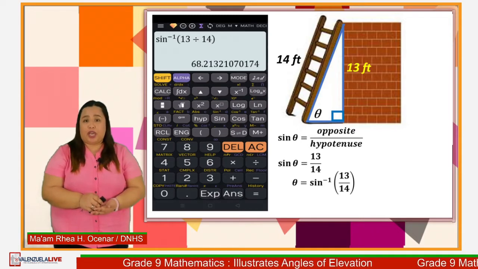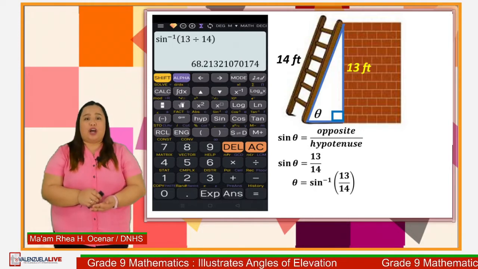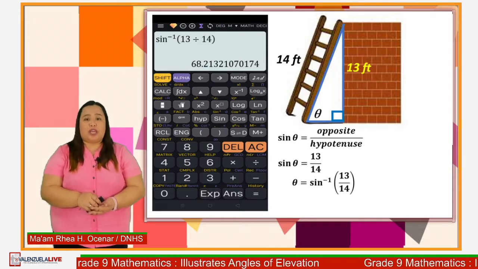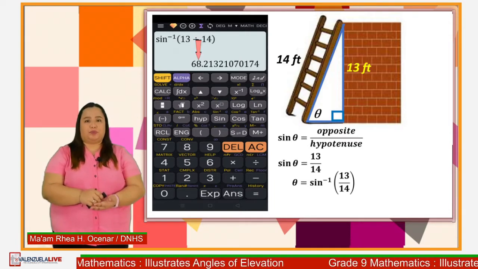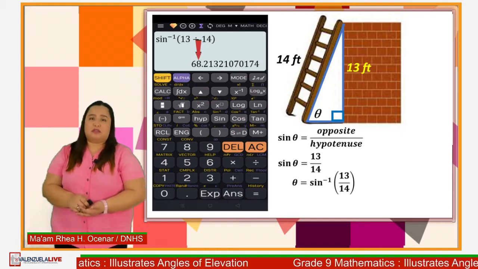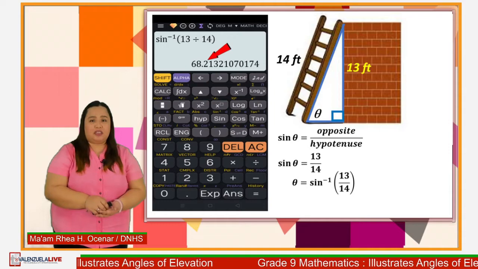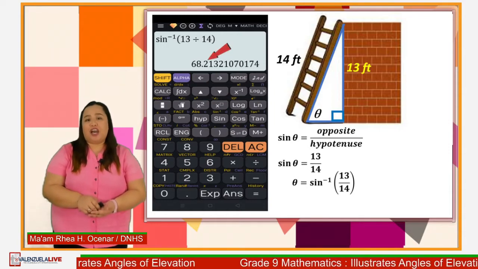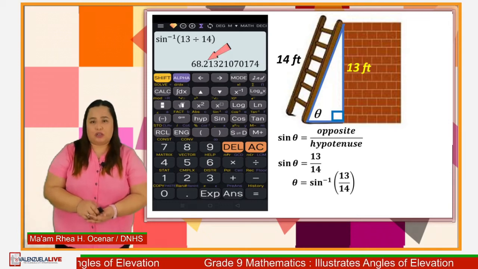Since we need to get the angle of elevation to the nearest degree, we will round off the value to the nearest whole number. And since 2 is the number after 8 and it is less than 5, therefore, we will round down.